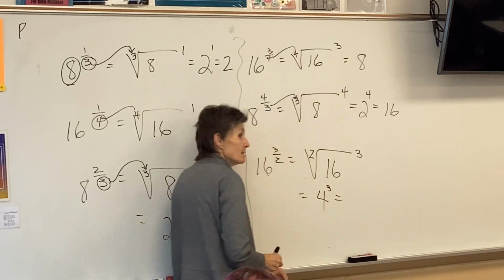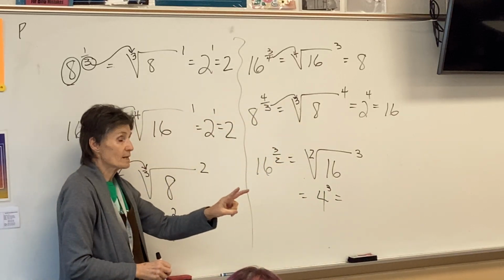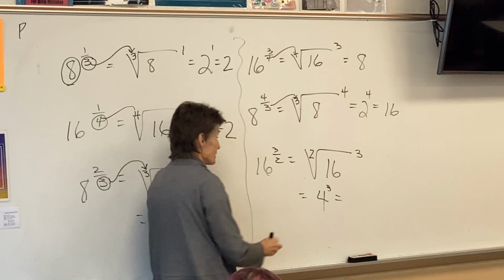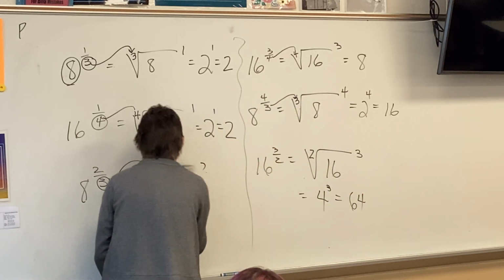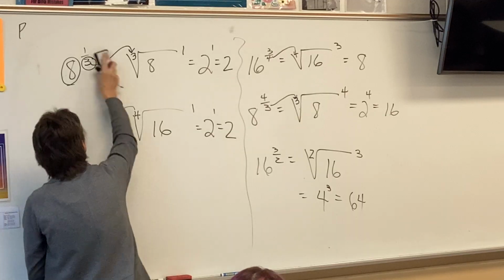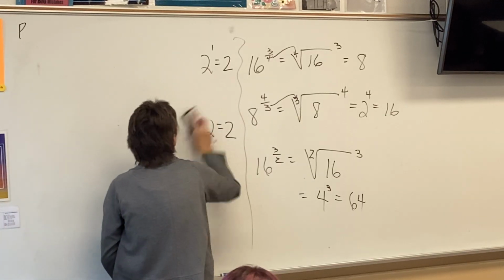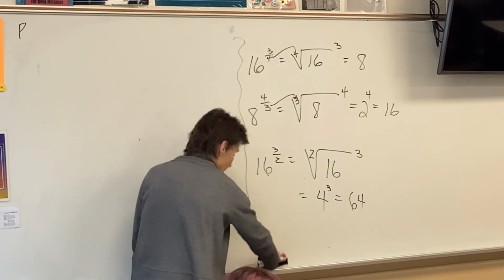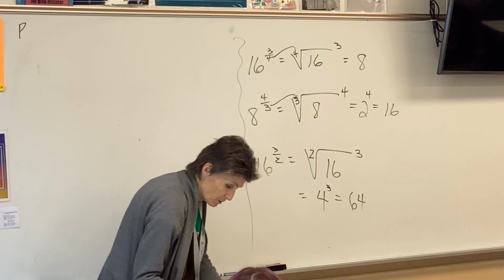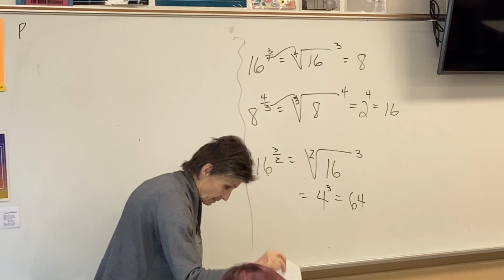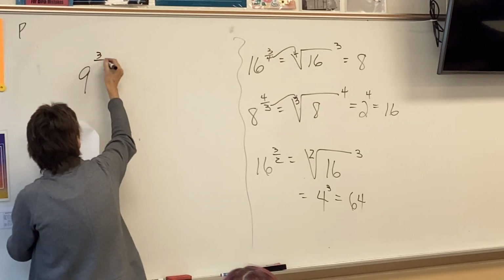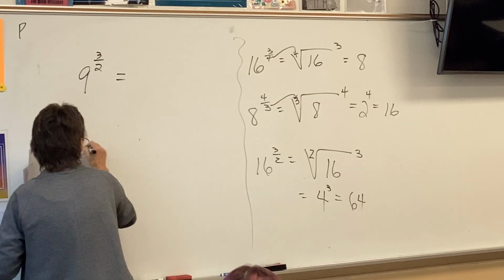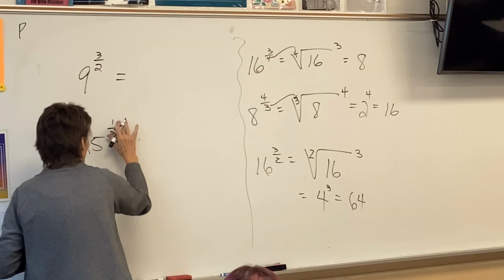So that means 4 times 4 times 4, which is 64. Okay? There's 2 more, I think. Would you and your partner see if you can figure out 9 to the 3 halves and 25 to the 1 half?